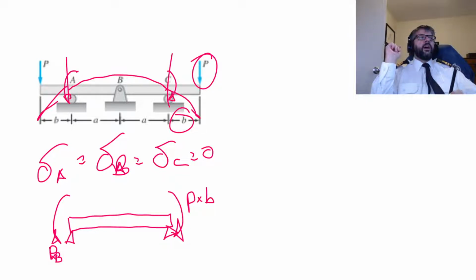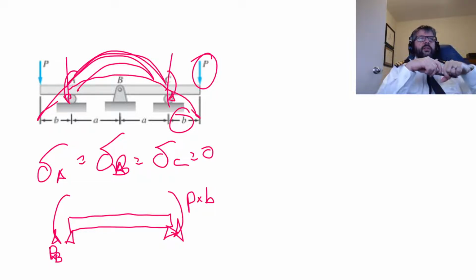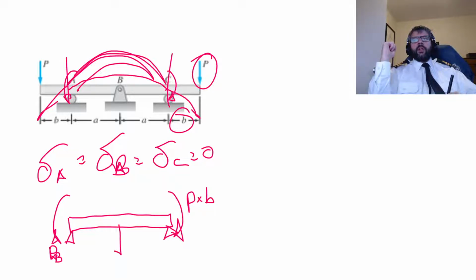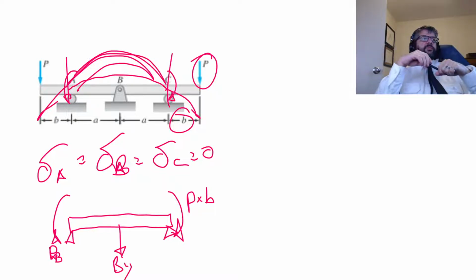And then since that would otherwise cause it to move upwards, we're also going to have a negative y direction reaction at B. So I'll call that By.